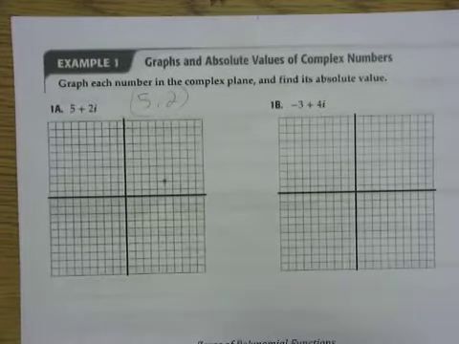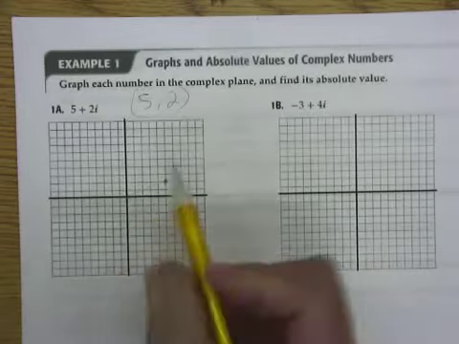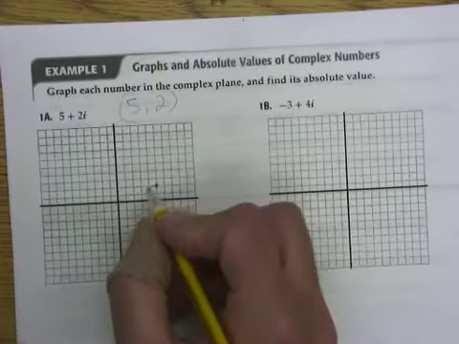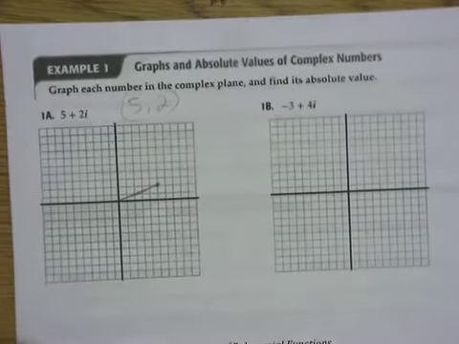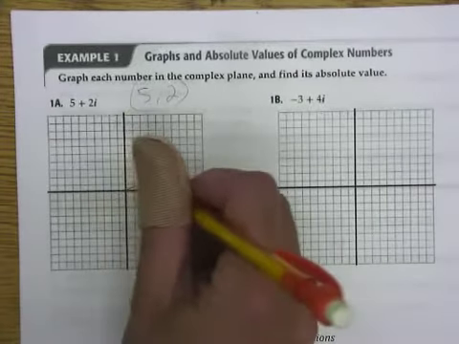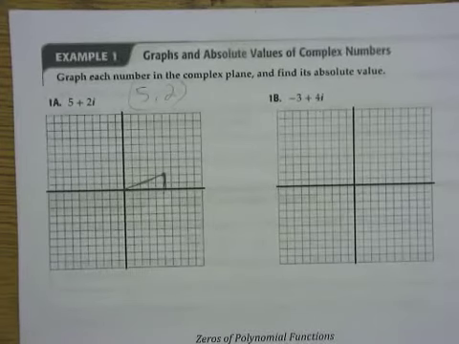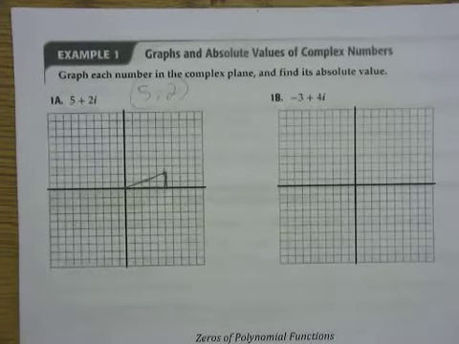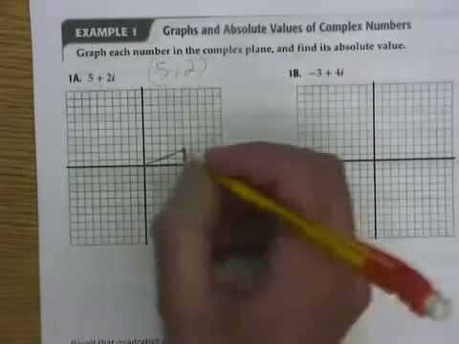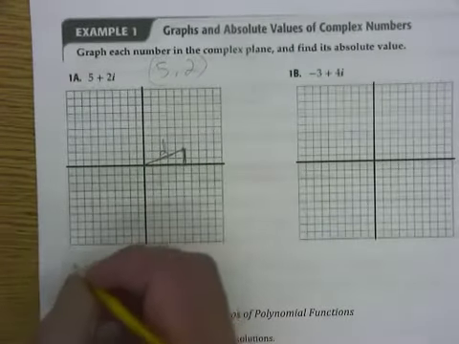And if I wanted to find the distance from this point to 0, 0, I'd hope that you'd notice this right triangle that kind of presents itself. So, oh look, geometry, Pythagorean theorem. Who'd have thunk it? So, if this is my absolute value, I'm going to call that d for distance.